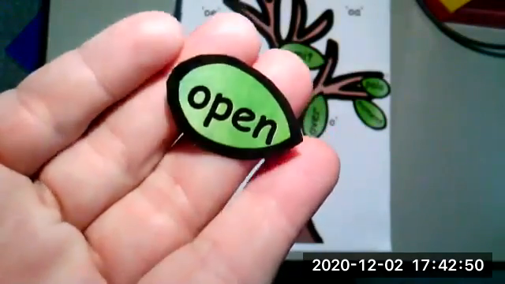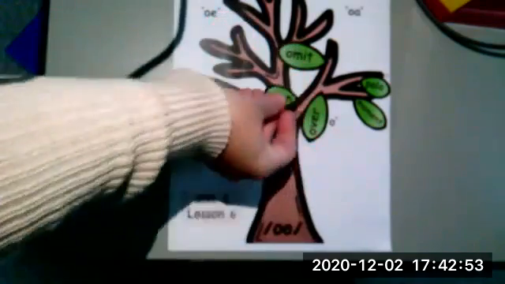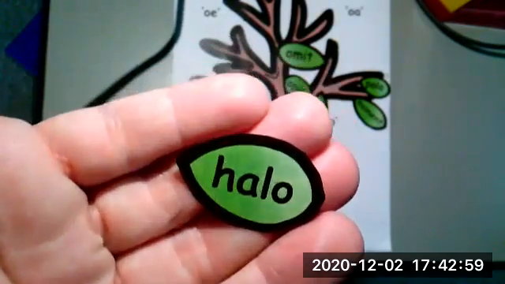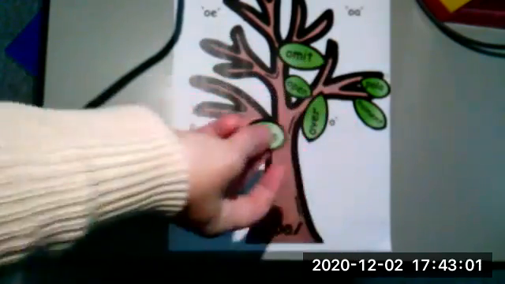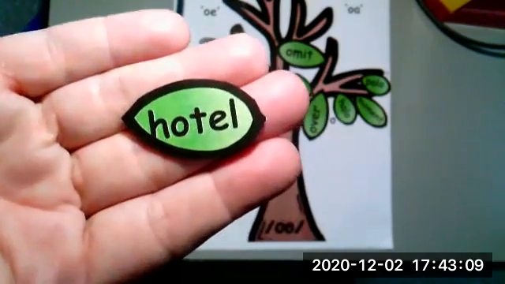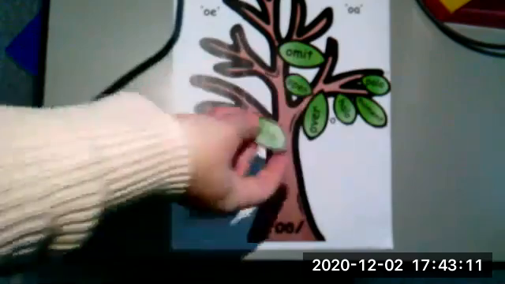Open. Open with just the O's. Halo. That also goes with just the O's. You guys seeing a pattern here? Hotel. Hotel is also going to go with just the O's.